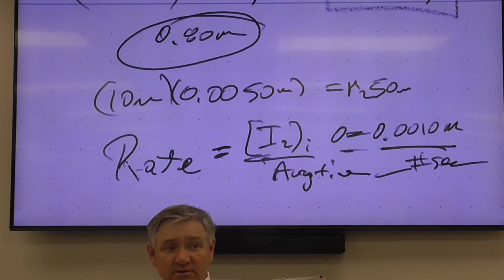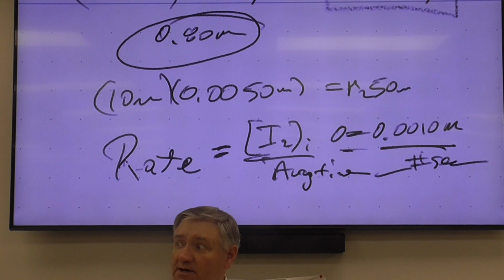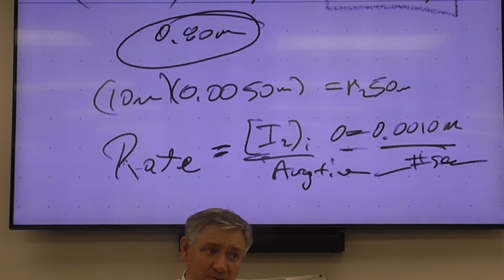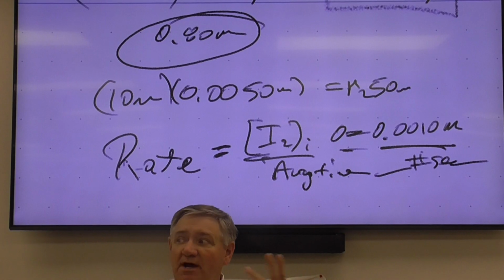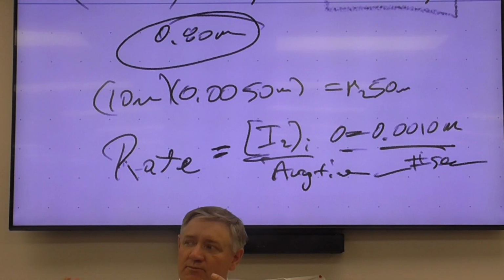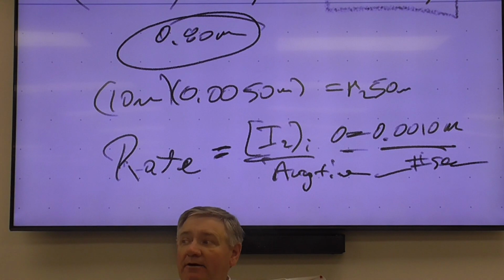We could use either the rate at which a reactant disappears or the rate at which a product appears. Well, the products out of this thing don't have any color. So the only thing we can do is base it upon the rate at which one of the reactants is consumed.